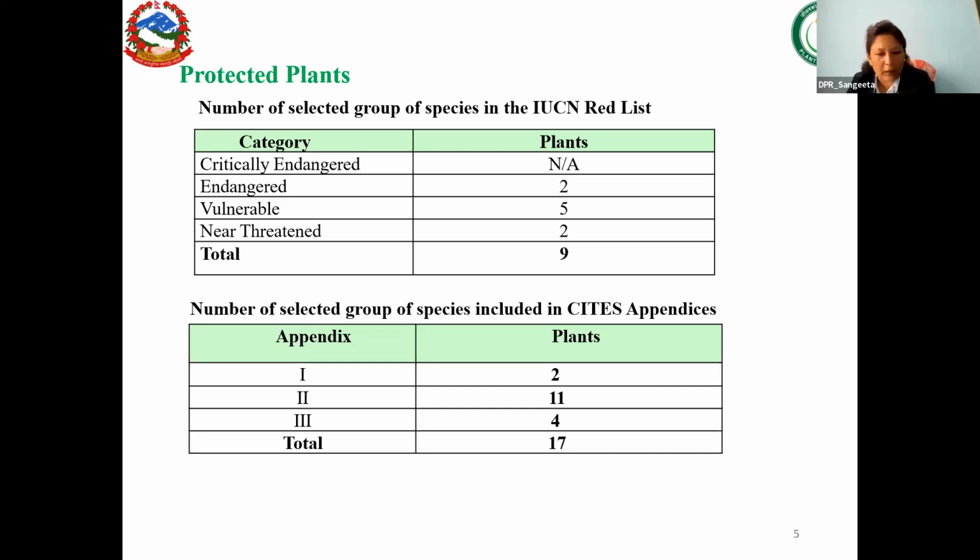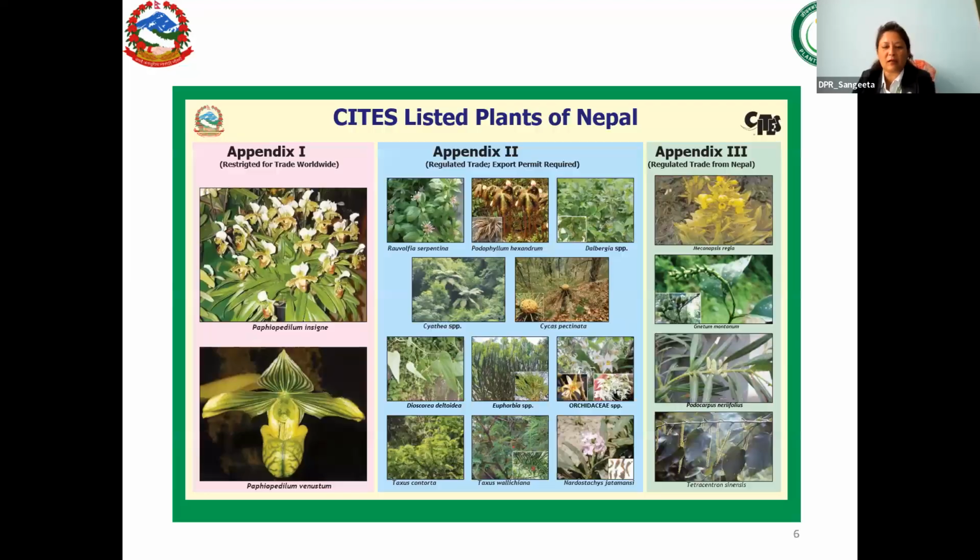In CITES, we have 3 appendices. In Appendix 1, we have 2 plant species, in Appendix 2 we have 11 species and groups, and in Appendix 3 we have 4 species, and altogether 17 species are protected by CITES. These are some of the plants in Appendix 1, which is restricted for trade worldwide: the Paphiopedilum species, a very rare orchid.